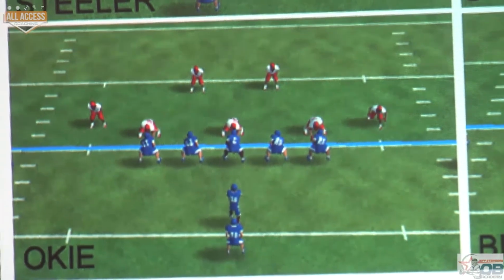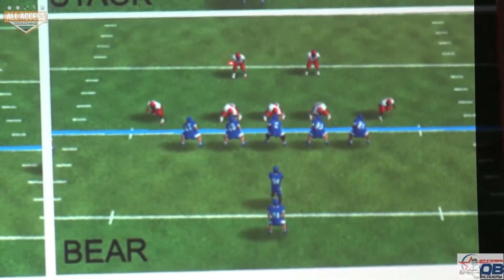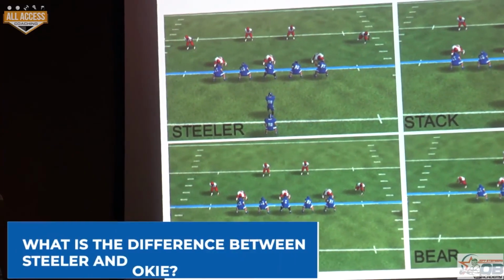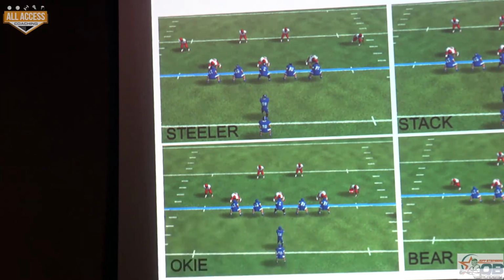And then down at the bottom, this is a bear core where the center and guards are covered. The linebackers are over top, responsible for the B to C gap. And then you've got the outside linebackers walked up, and that's a bear front. The main difference between stealer and okie, although they look very similar in terms of the core, is that in an okie, the outside linebackers have no pass responsibility, and they're more like rush ends.